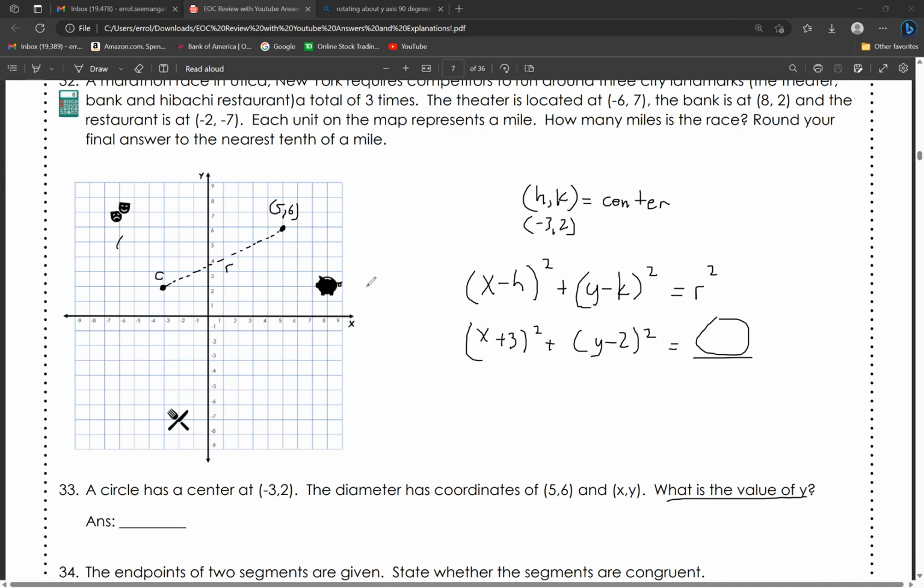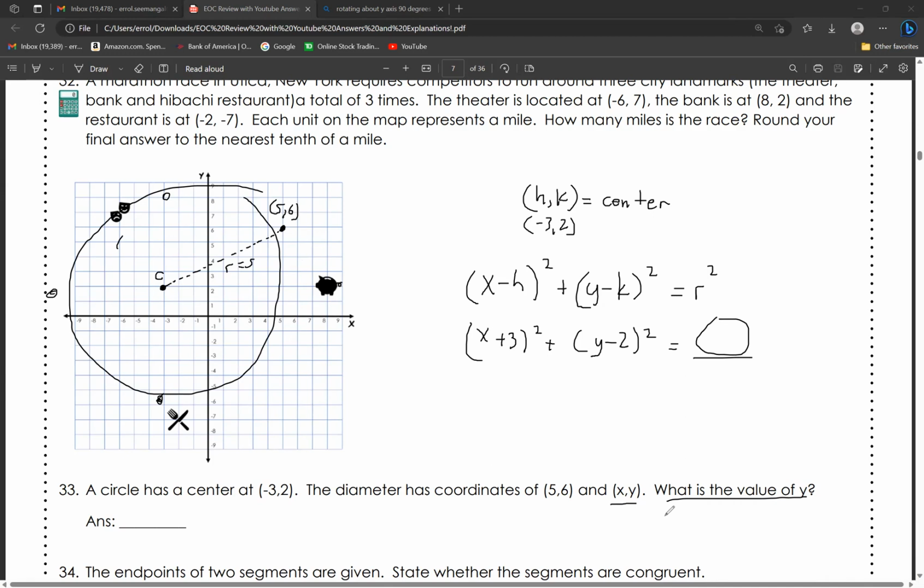Okay, so if you know the radius, then just say the radius was 5, for example, right? Then 5 in every direction. 5 up here, 5 down here, or to the left. And that would be your circle. So the question is, what is the value of y?